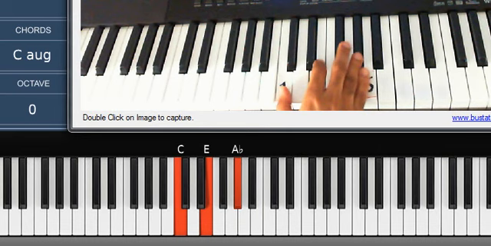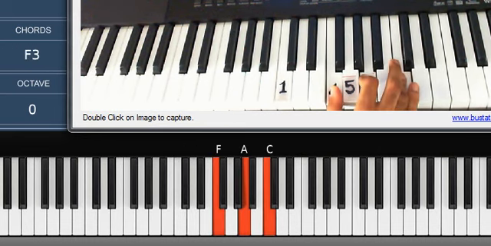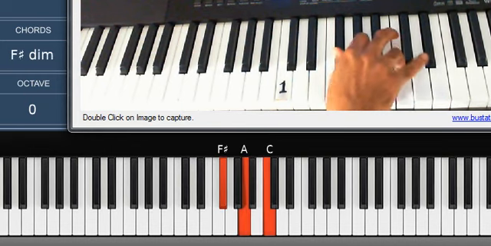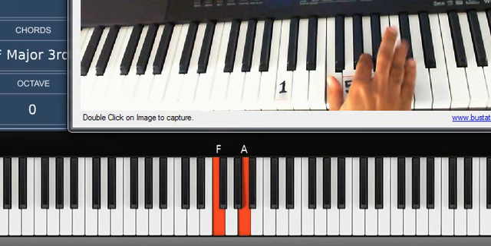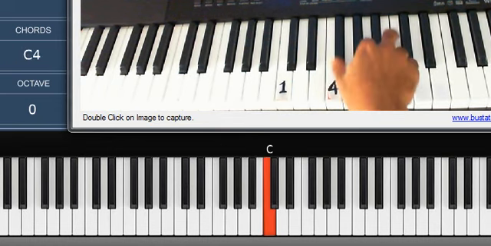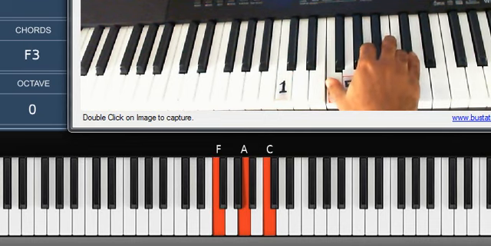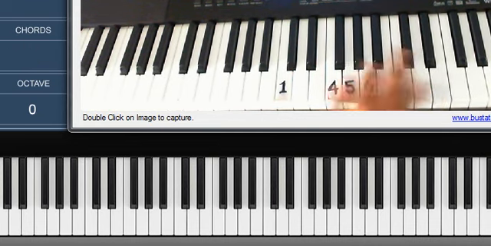Lord, to Thee, my blessed Savior. Hope you remember this. This is a diminished. Instead of moving the number 5, you move the number 1. Blessed Savior, I surrender all.